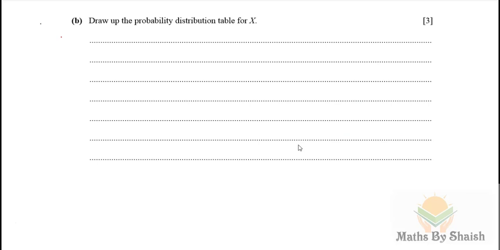And here's the B part. Draw up the probability distribution table for X. So we know that there were 6 paperback and 2 hardback, and X denotes the number of paperback books, and she has to choose 4 out of it.